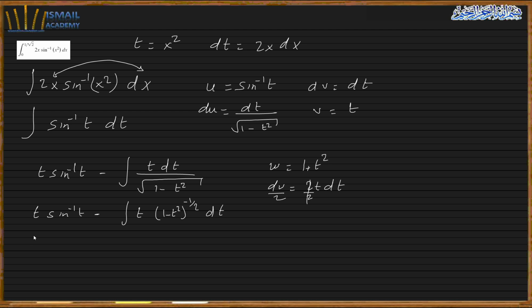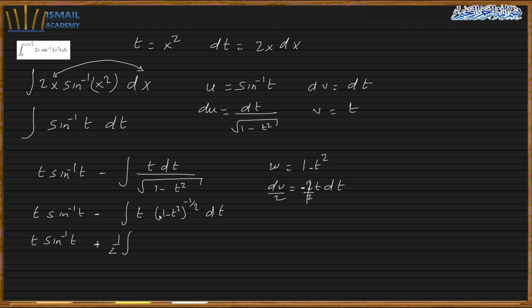So here it becomes t sine inverse of t minus, and here I will have half out, and it's going to be, oh, here is minus, sorry for that. See, we can make silly mistakes for nothing. Minus, that means I will have minus here, so the minus will pull out, so it becomes positive here.